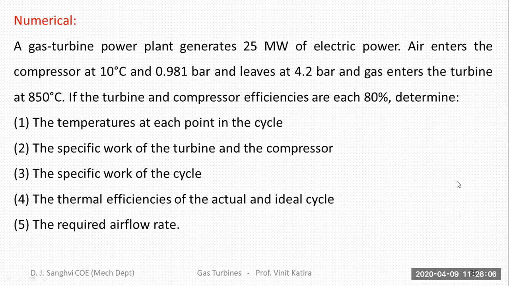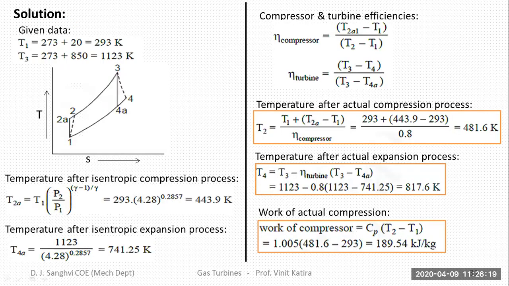This is a fairly simple type of numerical, wherein your basic temperatures are given, the pressures are given, the compressor and turbine efficiencies are given, and we need to find all these things. So first we'll start by making the TS diagram. You should always begin with drawing the TS diagram first, so that we have a fair idea about the processes taking place.